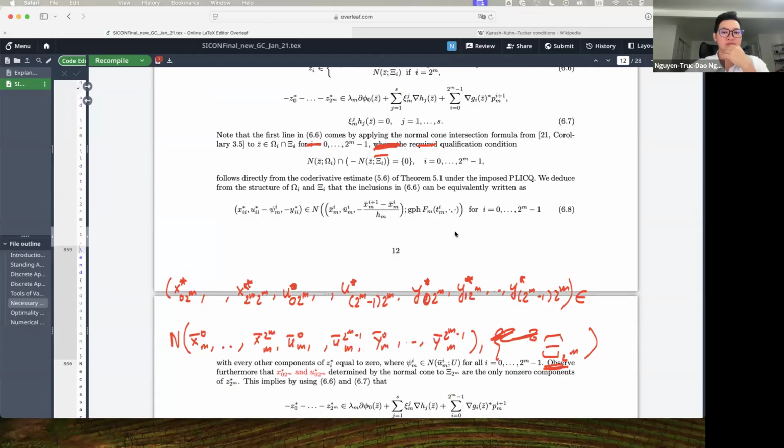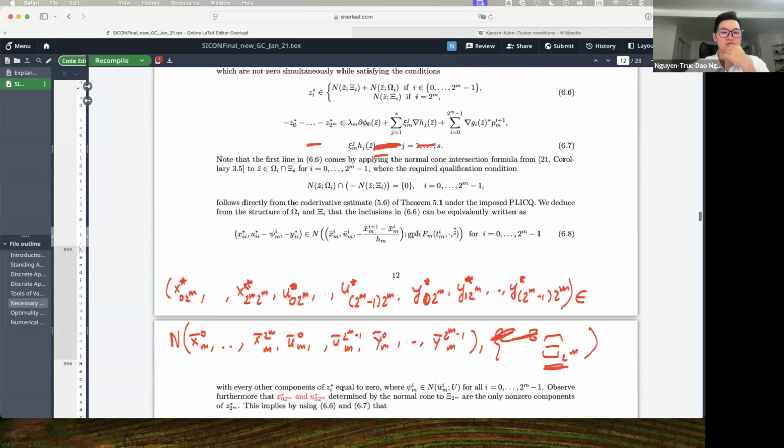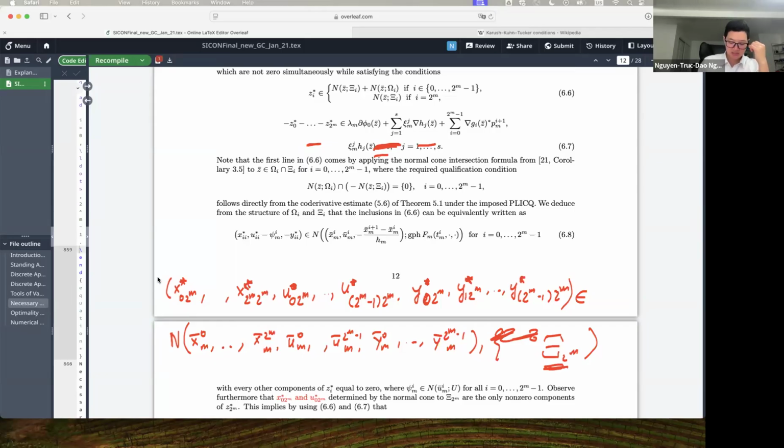Let me check it real quick. So these are the only non-zero components: x 0 2m will be a non-zero component, and this one will be a non-zero component of z star 2m. So these are two non-zero components, and other numbers are zeros.